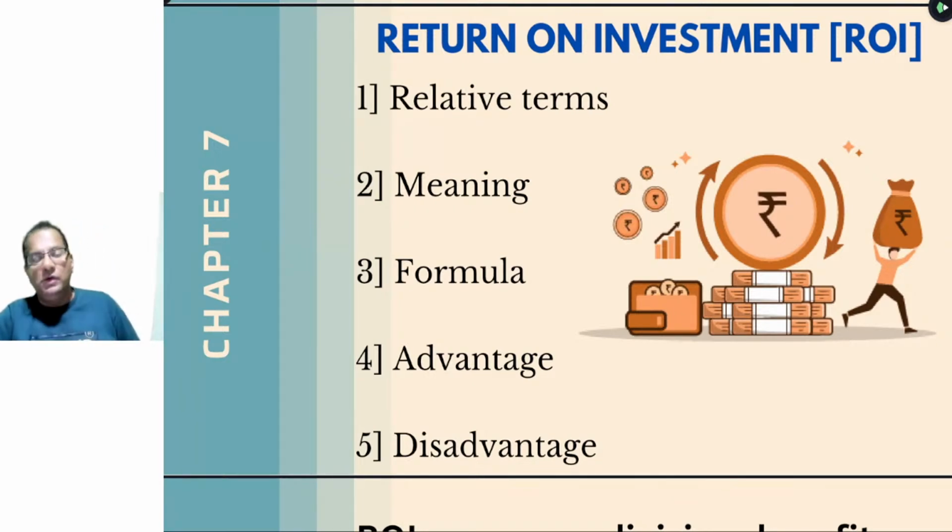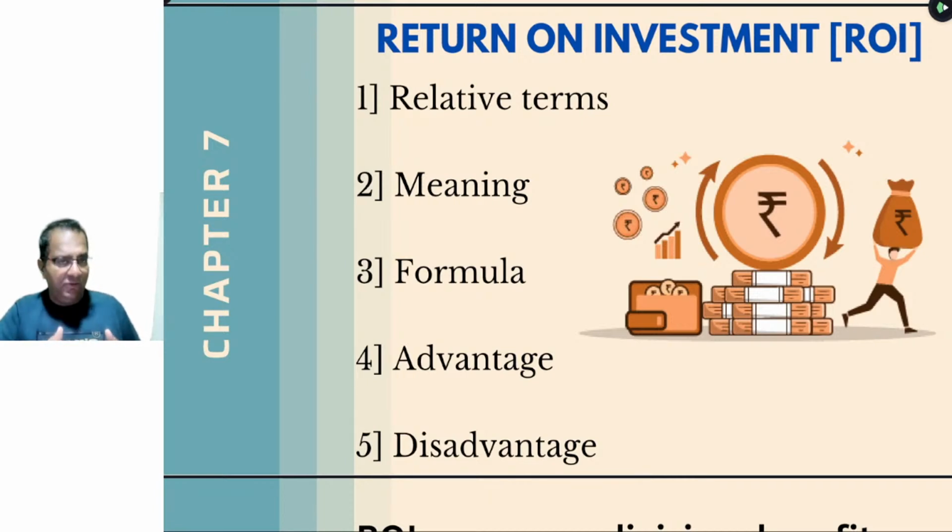Okay, so in a decentralized environment, you are given full autonomy to the departmental manager to take decisions, whether the decisions are revenue in nature or capital in nature. The full authority has been given to the departmental manager.